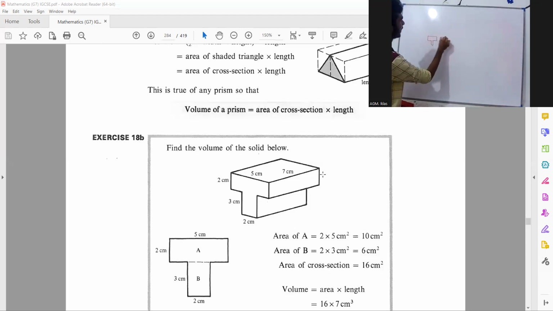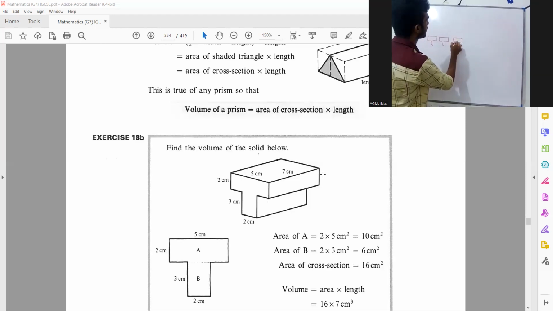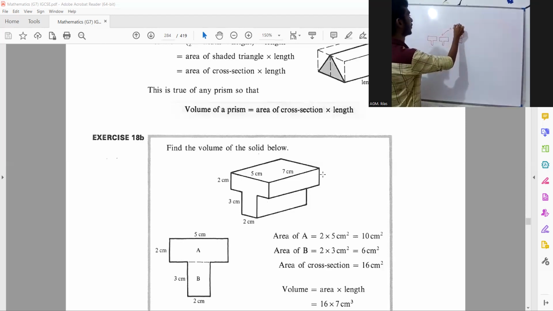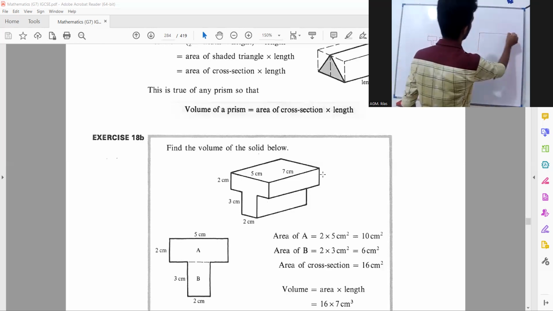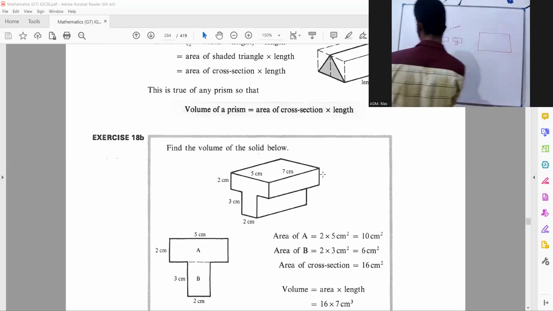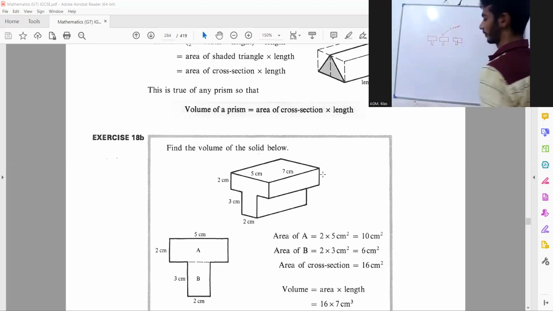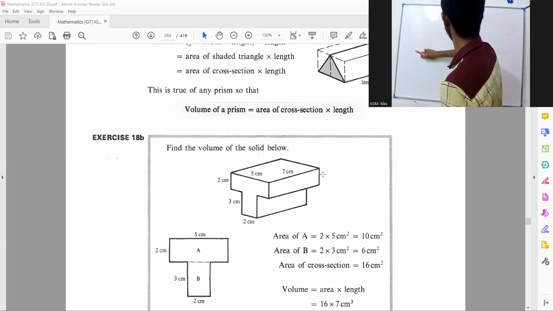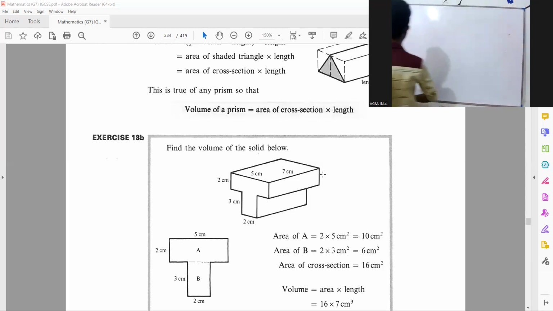So this is called the cross section. If you take a cross section, it is like a T.